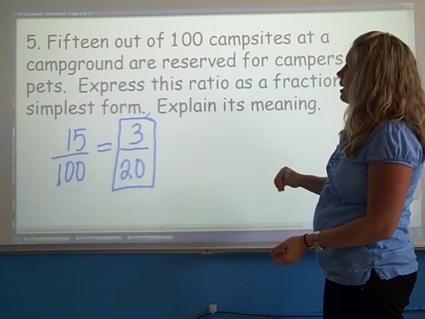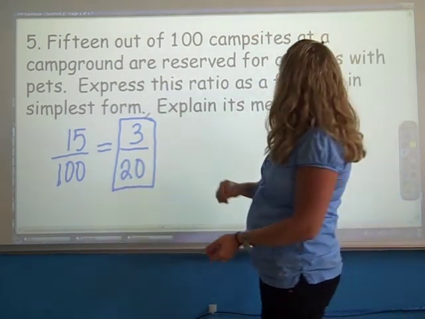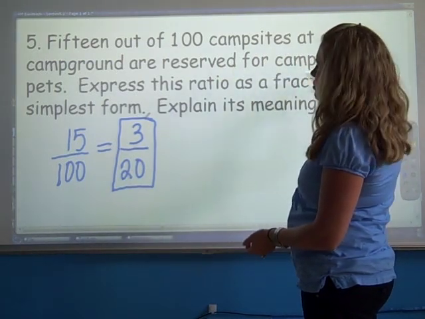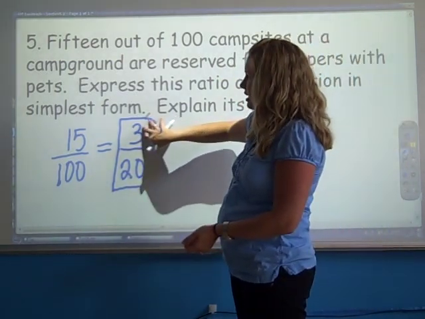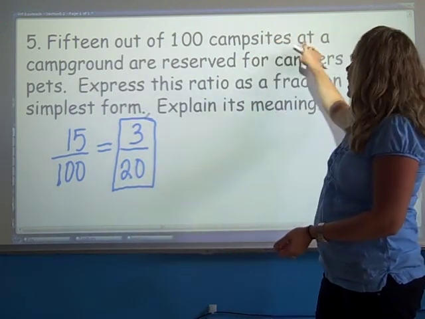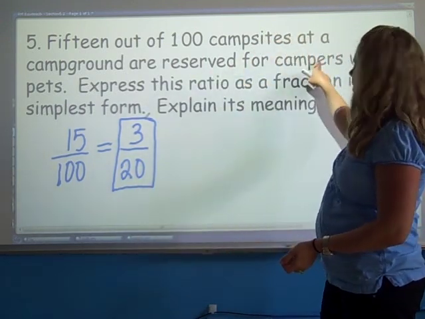Explain its meaning. This means that 15 out of 100 campsites at a campground are reserved for campers with pets. This means 3 out of 20 campsites at a campground are reserved for campers with pets.